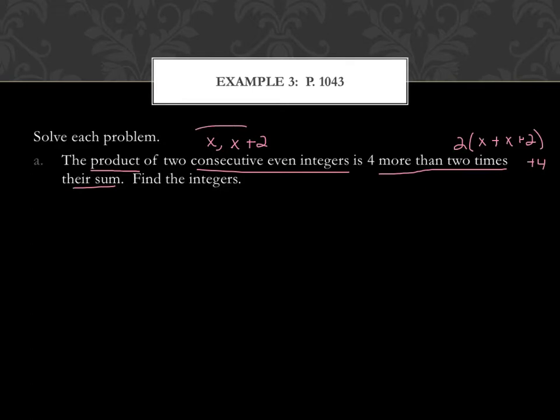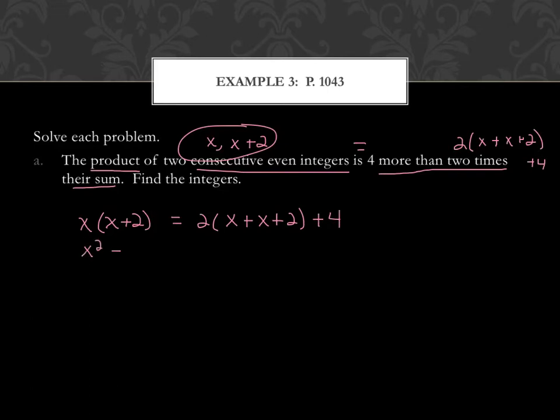And then here I have the product of that is. So the product, x times x plus 2, is 4 more than 2 times the sum, x plus 2, plus 4 more.